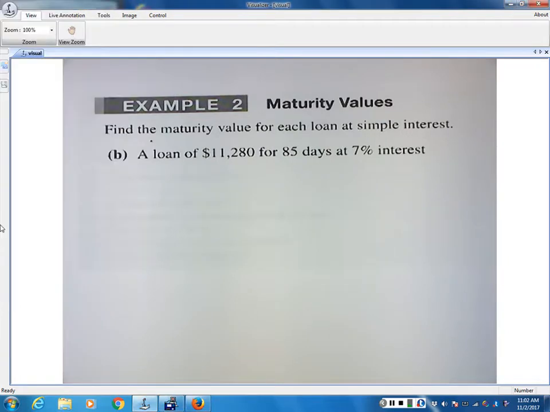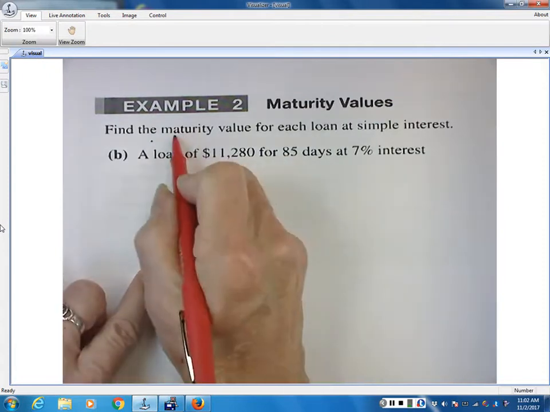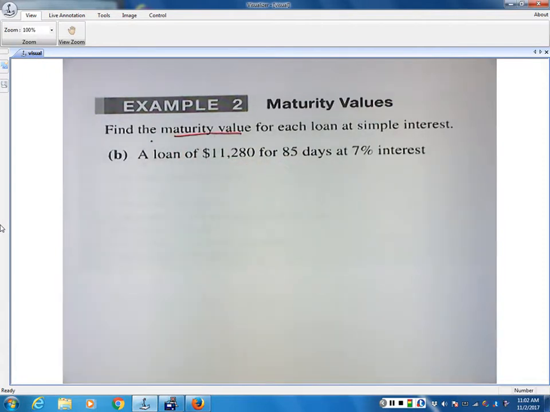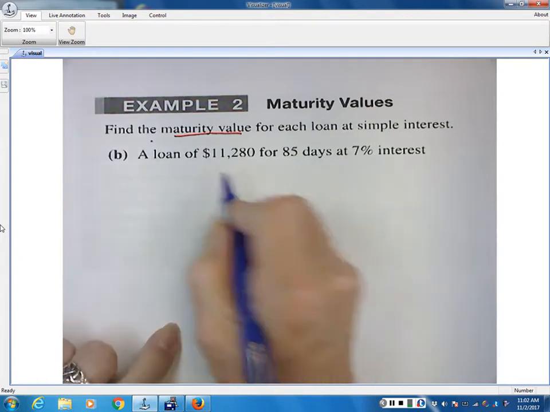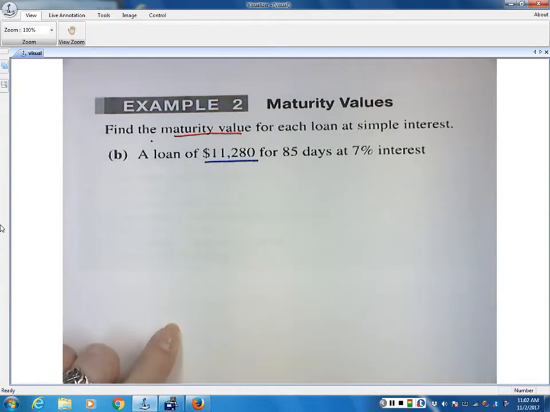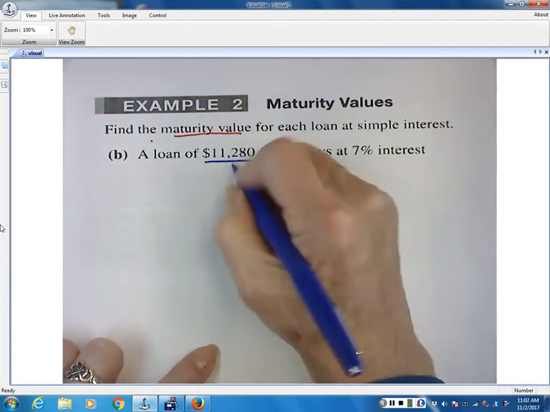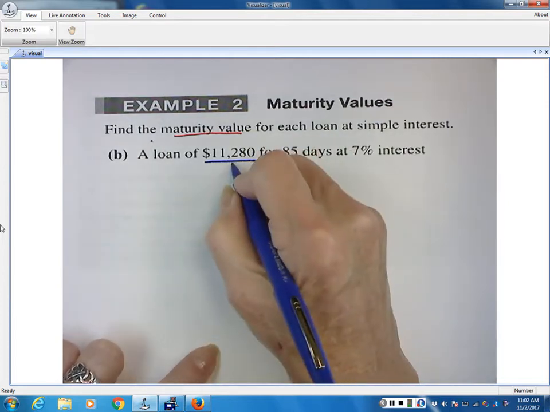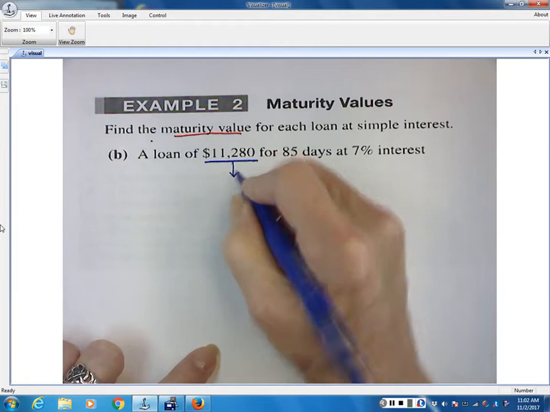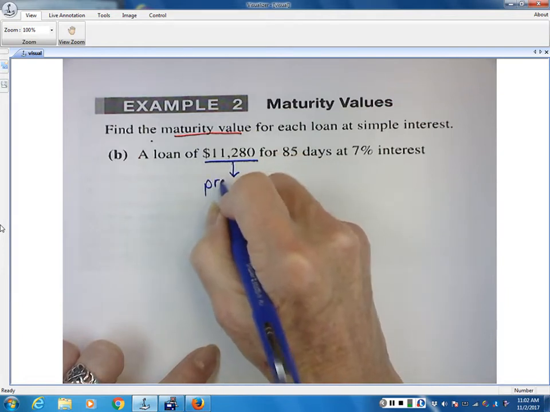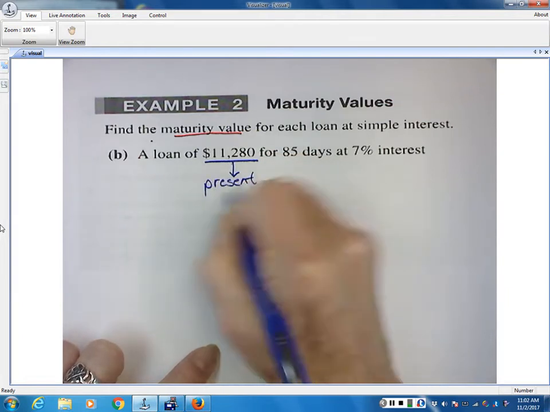So part B says find the maturity value, which is A, for a loan of $11,280. Maybe somebody bought a car. That's your present value.